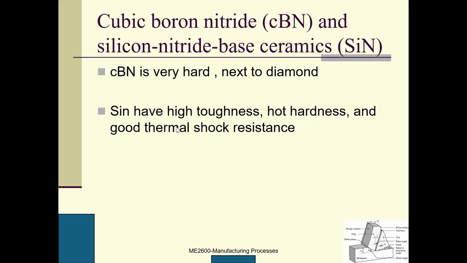Thermal is because of heat. Thermal shock resistance means that if the temperature changes substantially, my material will be okay. Otherwise, it's a shock, just like impact. Very hot, very cold: the thermal shock.